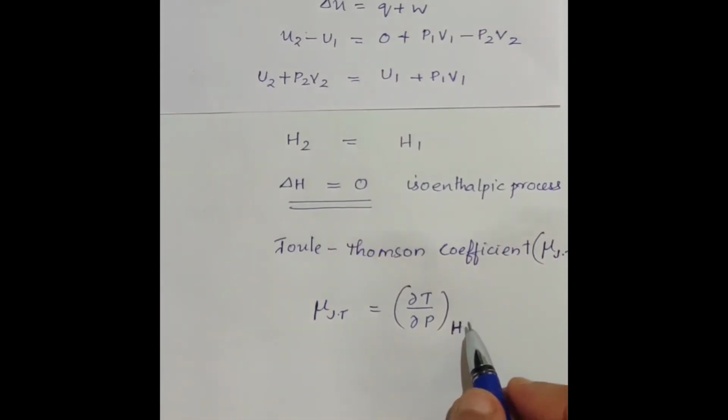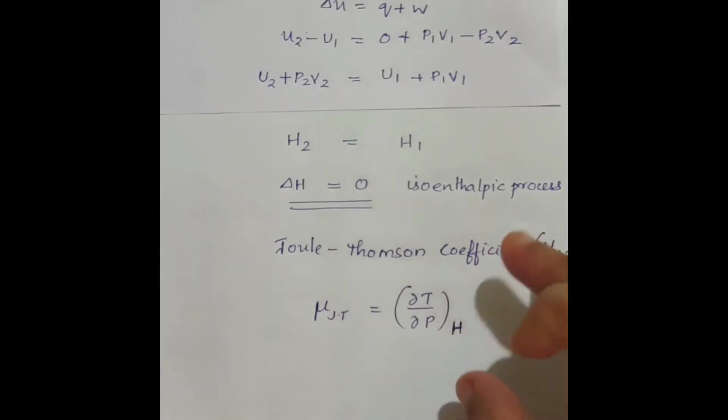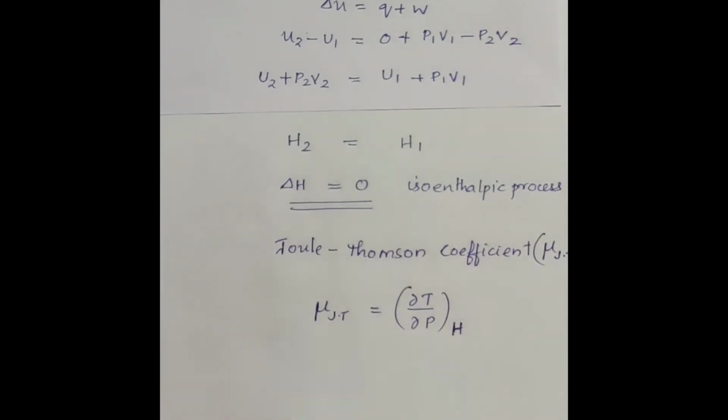Hence, the Joule-Thomson coefficient may be defined as dou T, the temperature change in degrees experienced by a gas in expansion per unit pressure at constant enthalpy. It's very important.